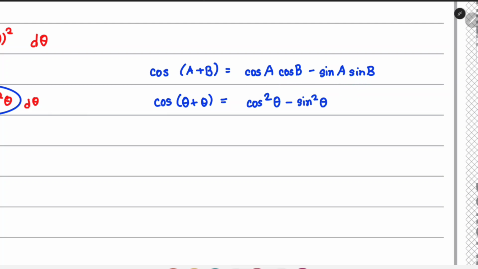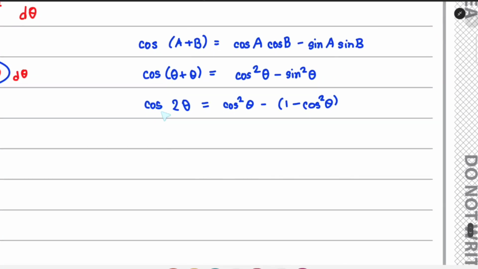Same case for sin A sin B. So in the next line, we can write cos 2 theta is cos squared theta minus sin squared theta, and since sin square plus cos square is 1, this becomes cos square minus 1 minus cos squared theta. So this becomes 2 cos squared theta minus 1.